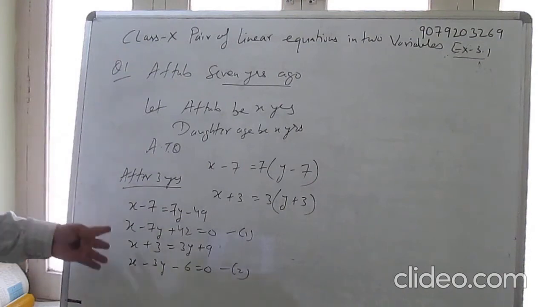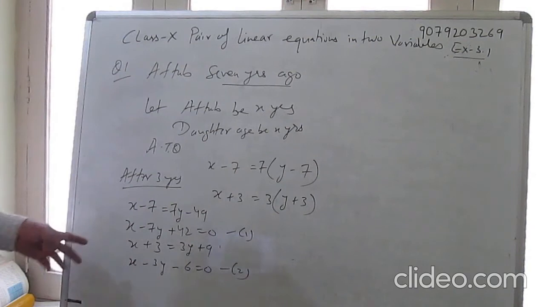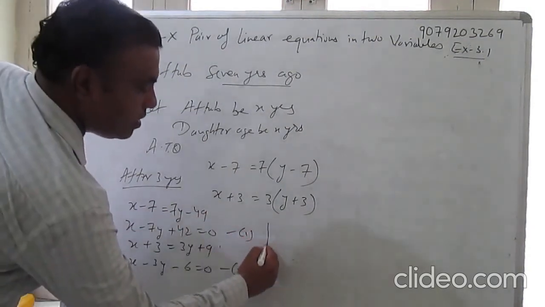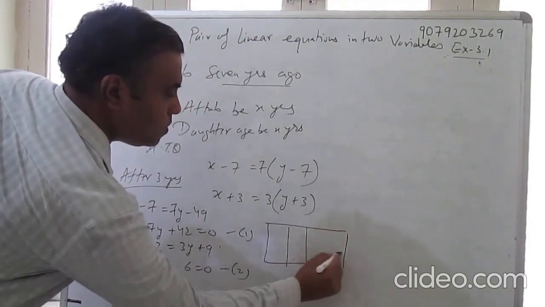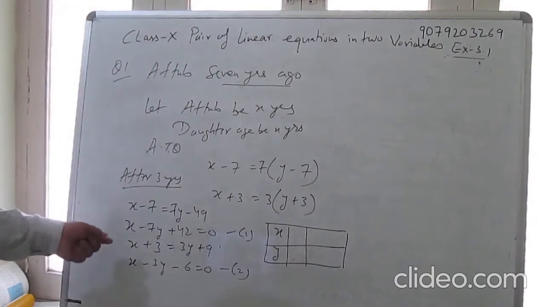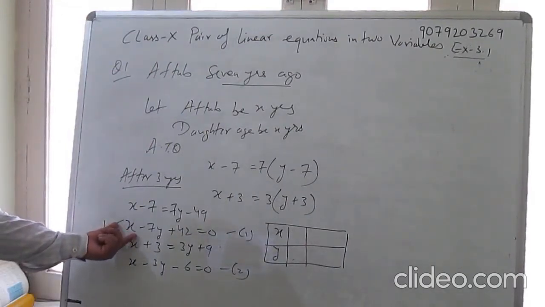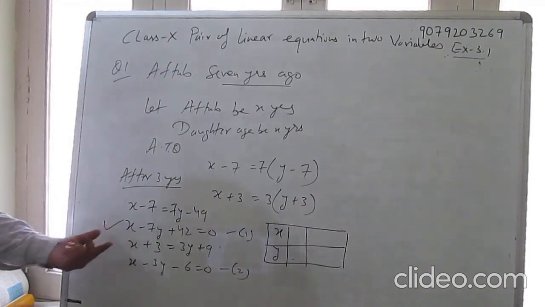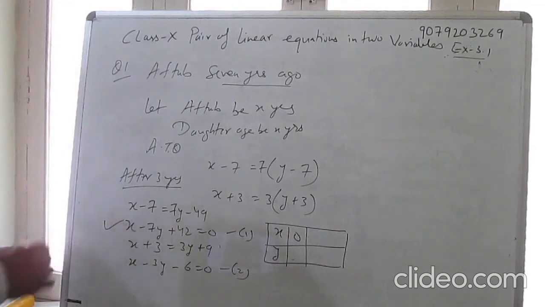Now we plot these two equations on the graph. For the first equation we make a table of x and y. If I take x is equal to 0, what does y become?